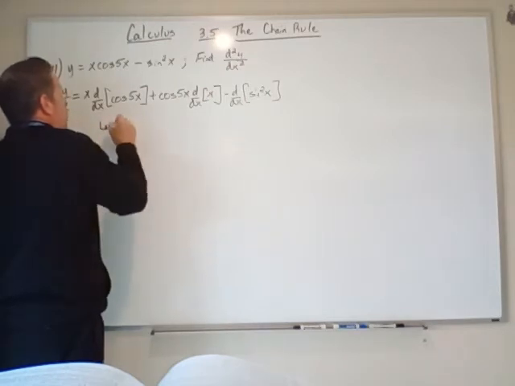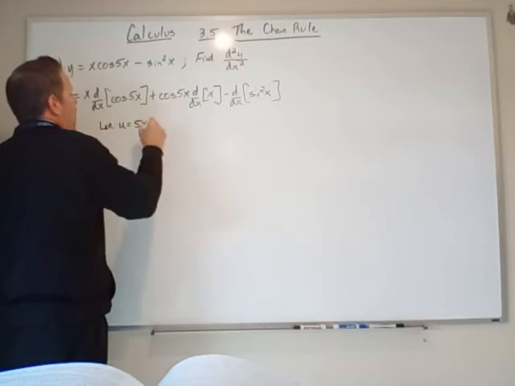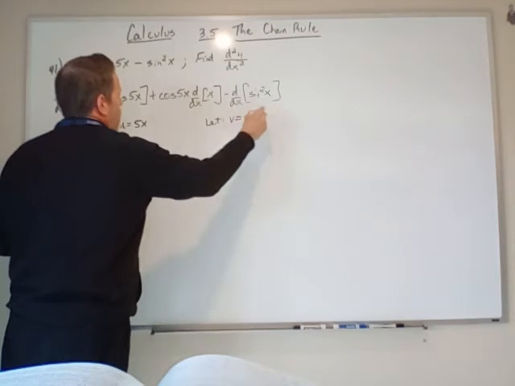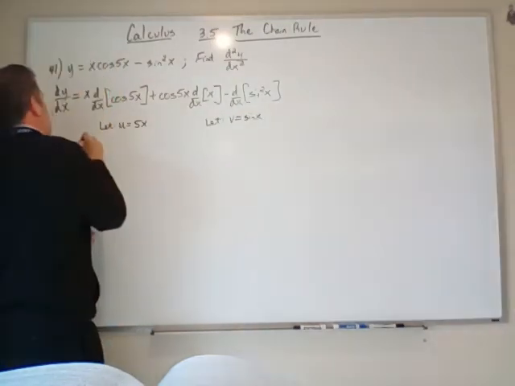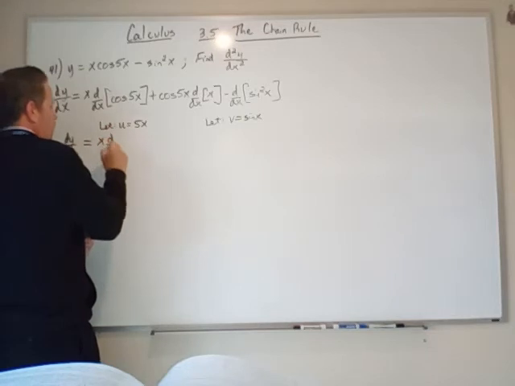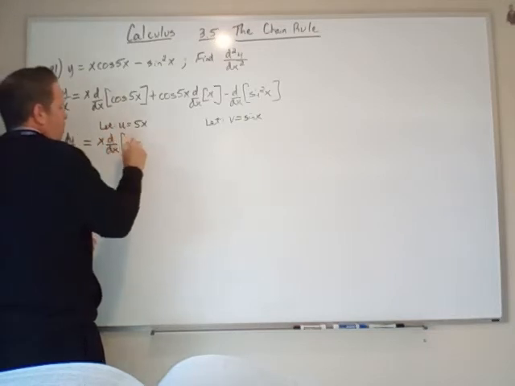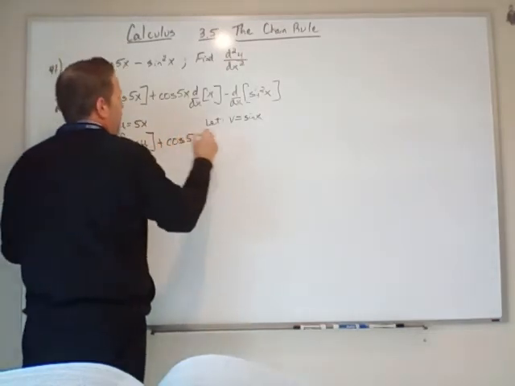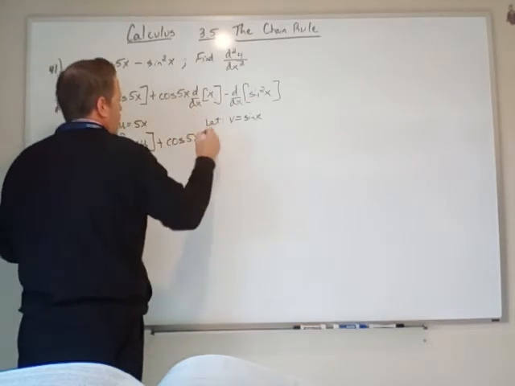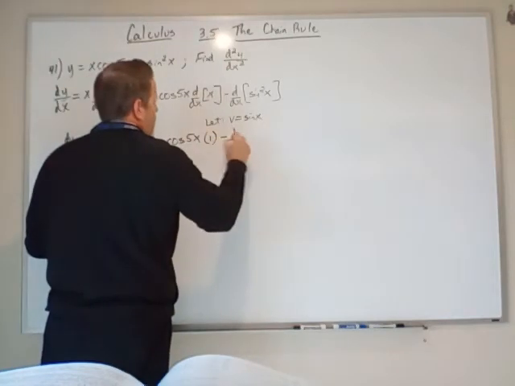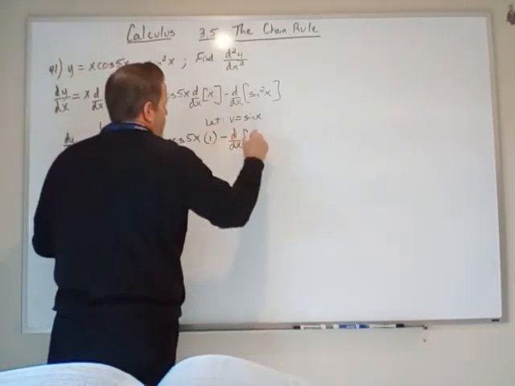I'm going to let u equal 5x here, and let v equal the sine of x, which means the derivative of y with respect to x equals x times the derivative with respect to x of the cosine of u, plus the cosine of 5x times the derivative of x with respect to x, that's 1, so I took that derivative, minus the derivative with respect to x of v squared.